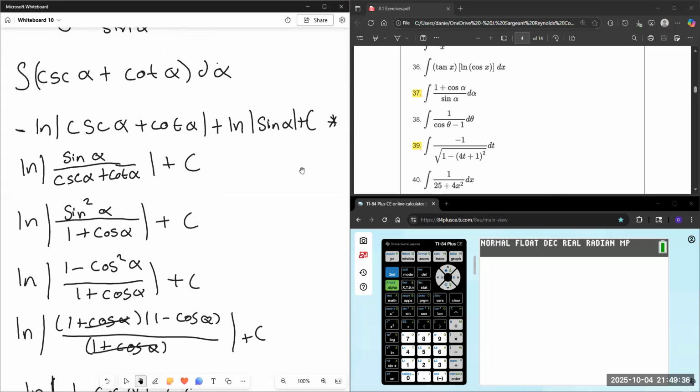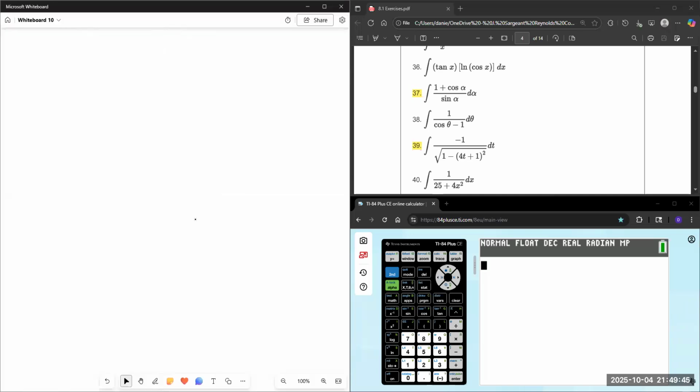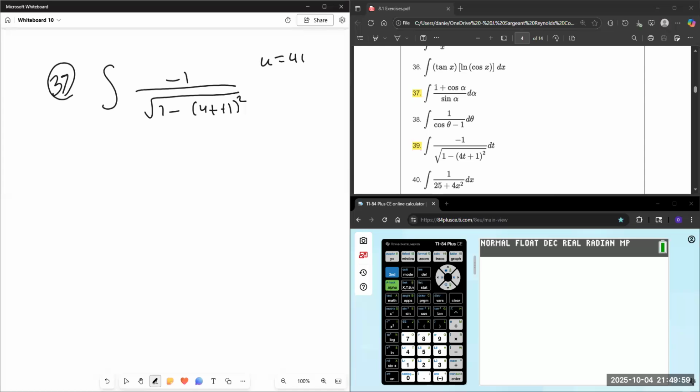All right, let's go ahead and look at number 39. 39 says integral of -1 over root 1 minus 4t plus 1 squared. U is 4t plus 1. Du is 4 dt.